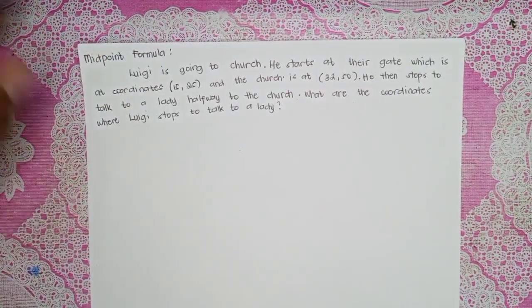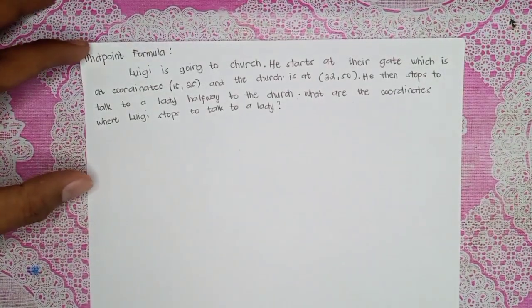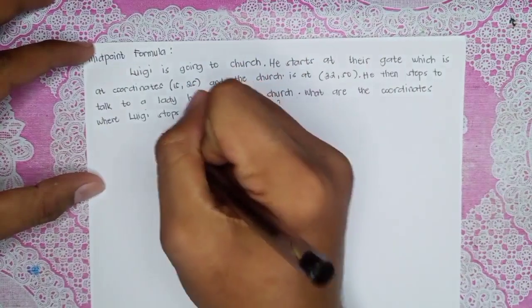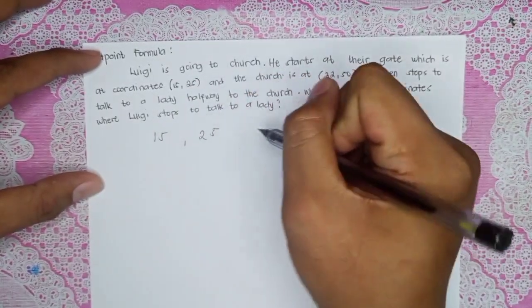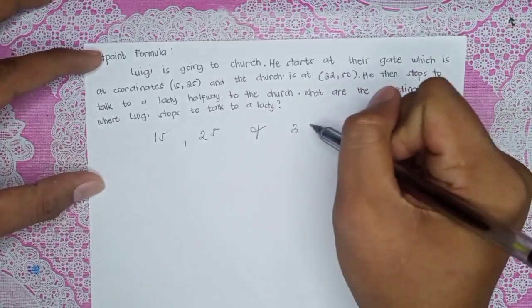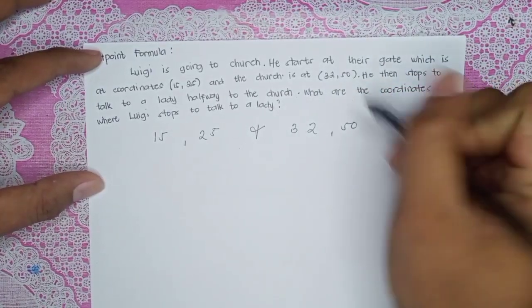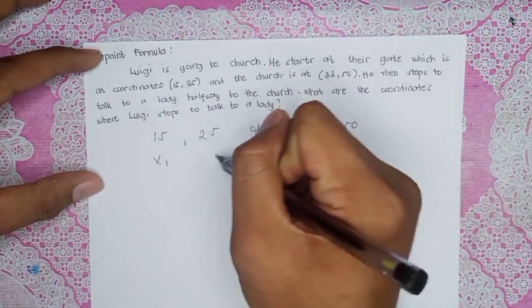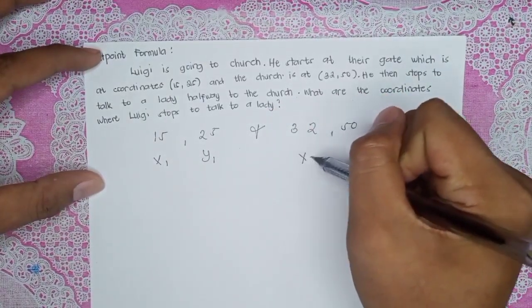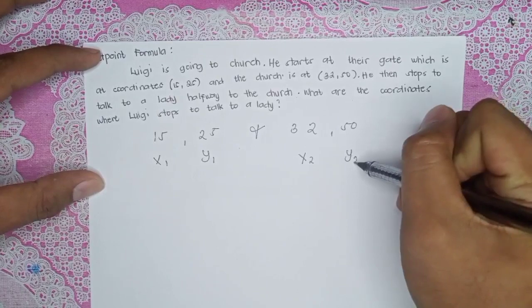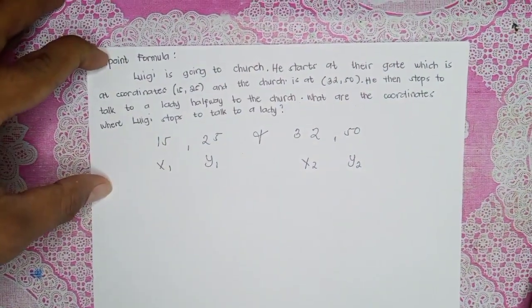So we must label the x and y. We have 15 and 25 and 32 and 50, where 15 is the x1, 25 is the y1, 32 is the x2, and 50 is the y2.